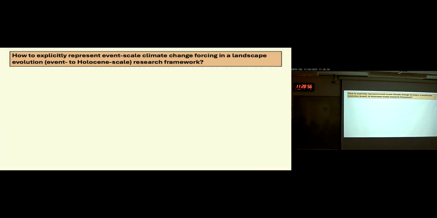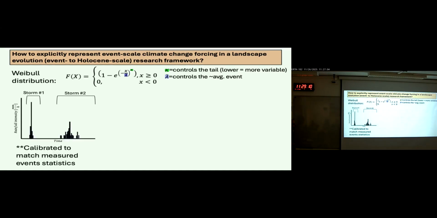The first challenge is how we can even represent event scale rainfall forcing over the time frame of landscape evolution, which spans across events to the Holocene. To bridge this gap, I use a stochastic tool, a hydroclimate generator.